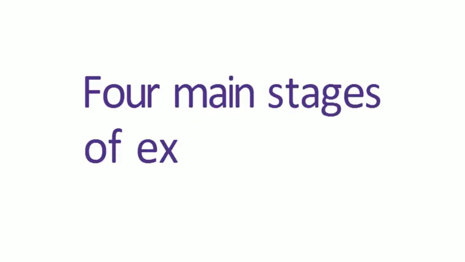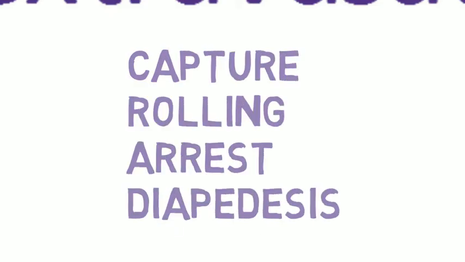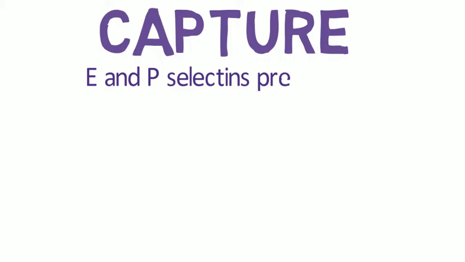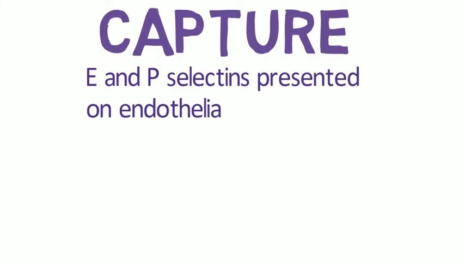Leukocyte extravasation can be broken down into 4 main stages: capture, rolling, arrest, and diapedesis. The first, capture, occurs during inflammation after E and P selectins are presented on the surface of the endothelial cells.